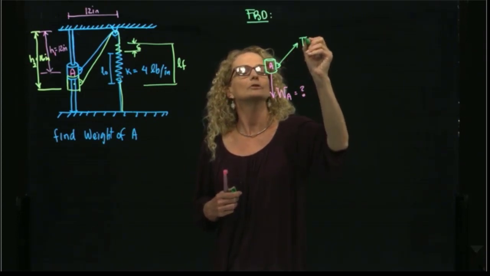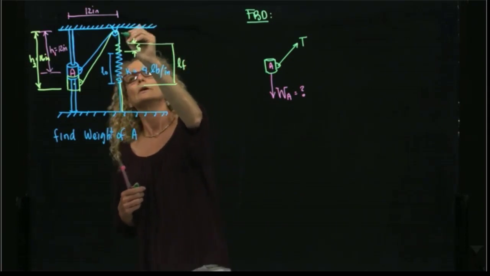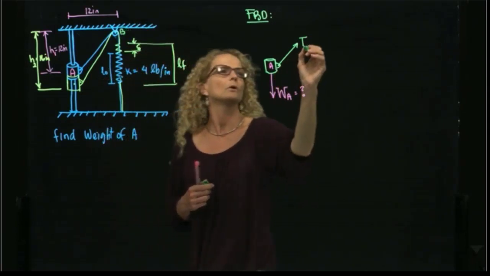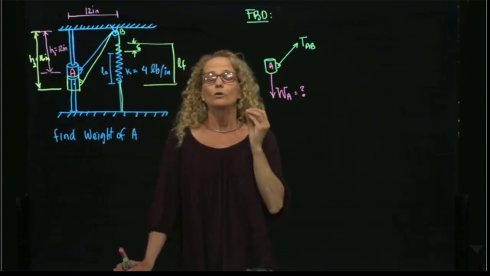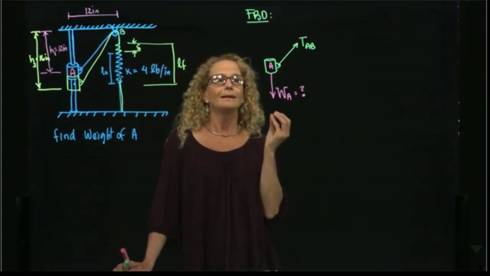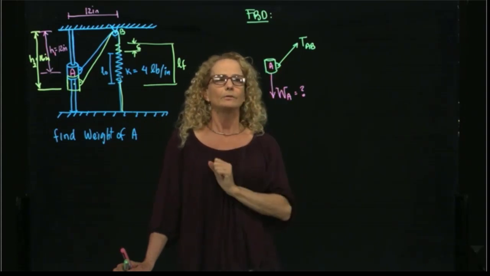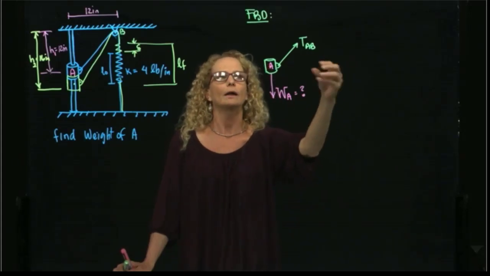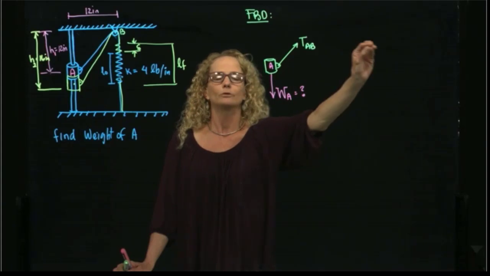Let me call this tension, this pulley is B, so I will call it the tension AB. And as you see, in order for the system to be in equilibrium, it cannot move, right? So if I leave the free body diagram like that, it will move to the right because this tension is pulling the coil to the right direction.